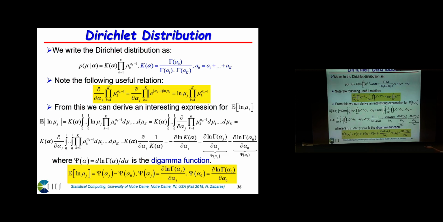Bottom line, if you do research in this area and you have to do any of these calculations and you trust what you read, the chances that you will do things wrongly are infinite. Because you will be trusting whatever you copy from here and there without knowing, is it really true? What does it mean? How do I program? But there's not much algebra. You do it once and then you're happy. So this is the expectation of log of mu j. It involves this digamma function.